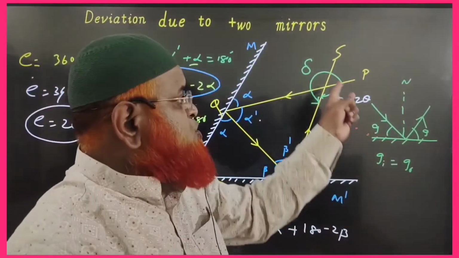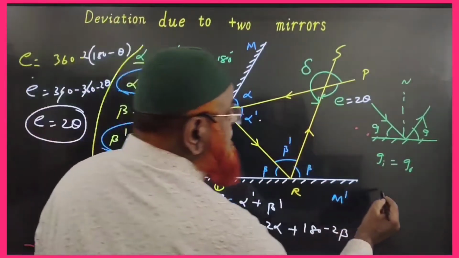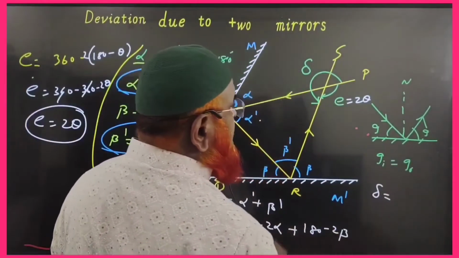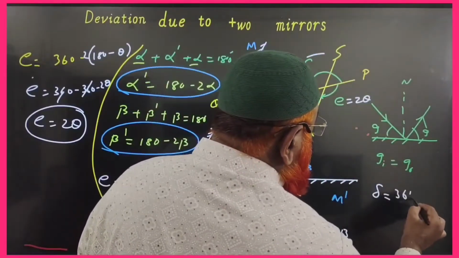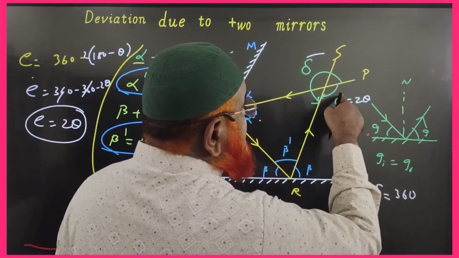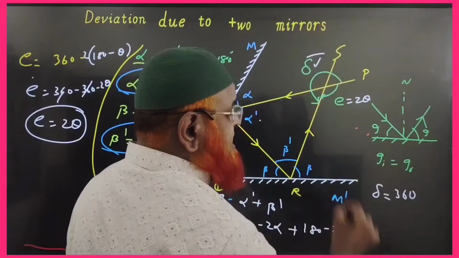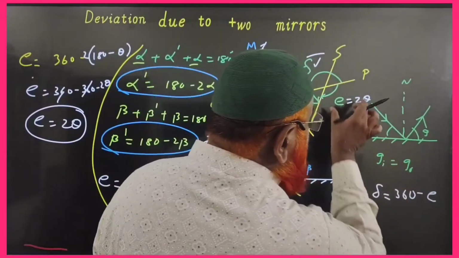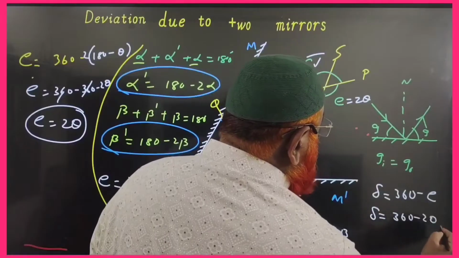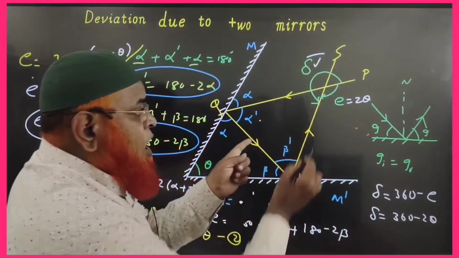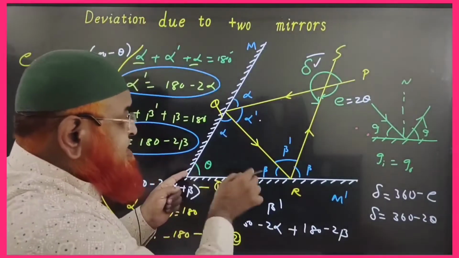But my aim is to find out the deviation. How am I going to get the deviation now? Deviation delta is equal to, total is 360, and I am subtracting E. From 360, if I subtract E, I will be getting delta. So deviation is equal to 360 minus E. Always the exterior angle is double the angle between the two mirrors.